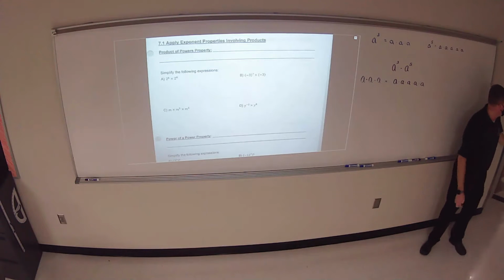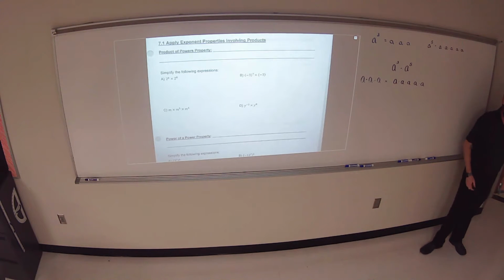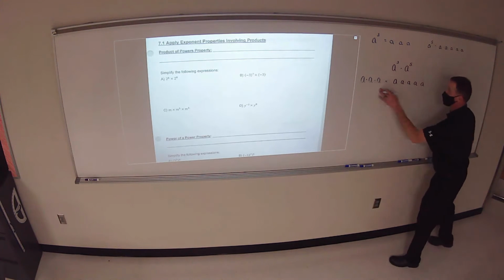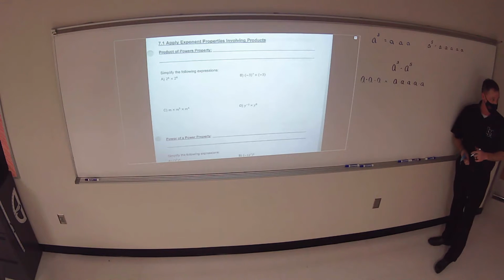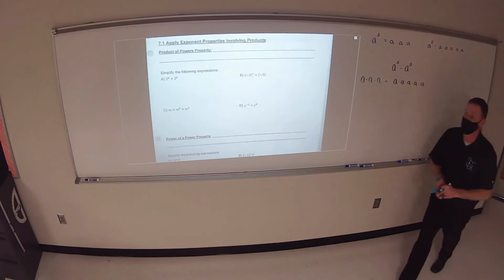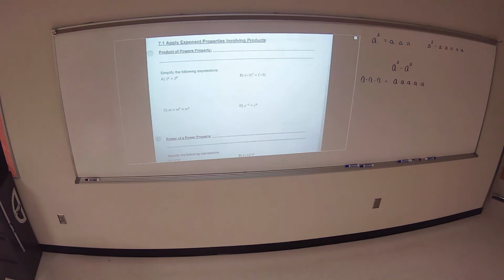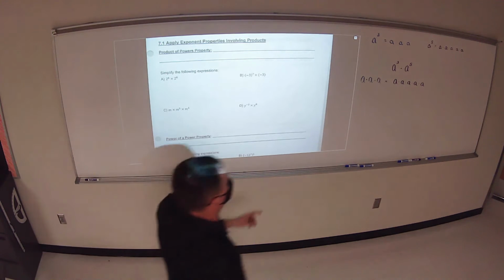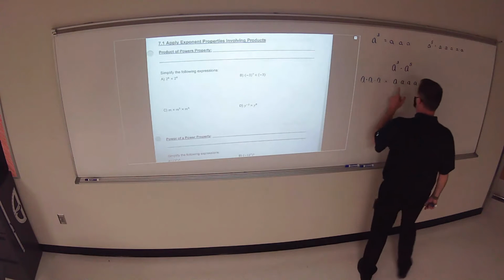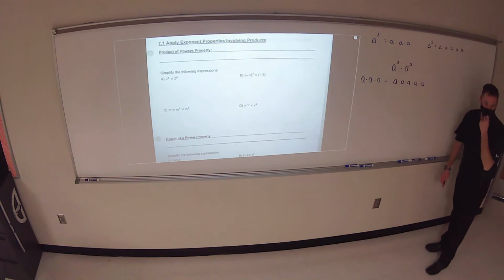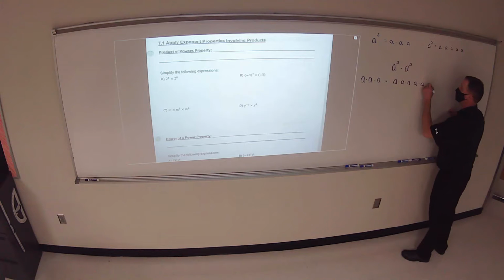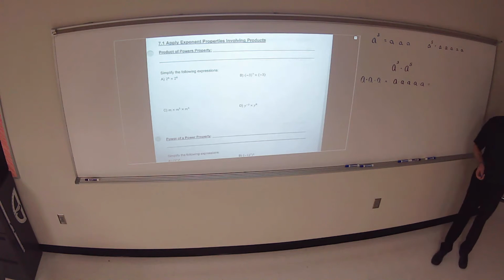Well, when you see it written out like this, what you're going to notice is this is just one big long multiplication problem. And it's not just one big long multiplication problem, it's a multiplication problem where everything that is being multiplied together is the exact same thing. They're all a's. So, if I'm repeatedly multiplying the same factor over and over again, I should be able to condense this down into an exponent problem.